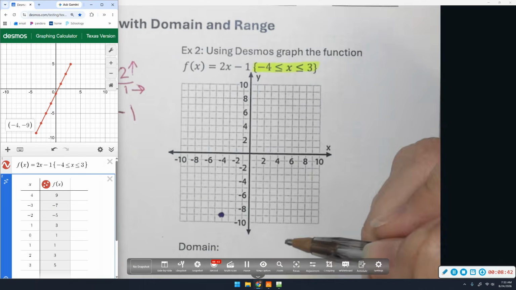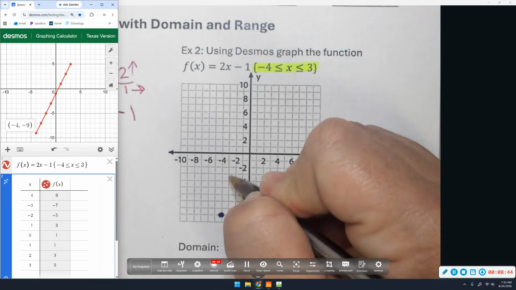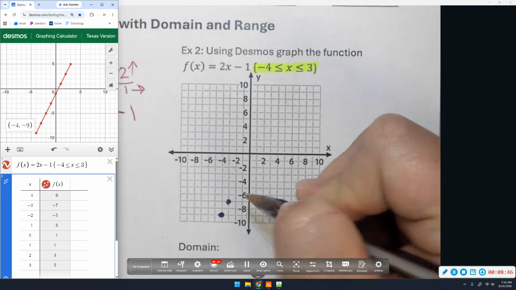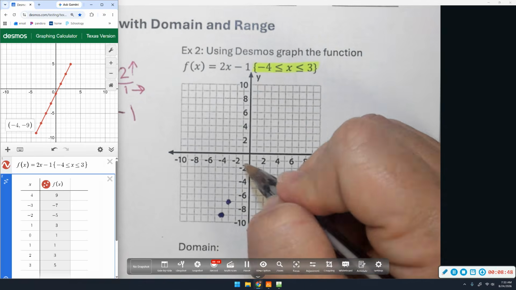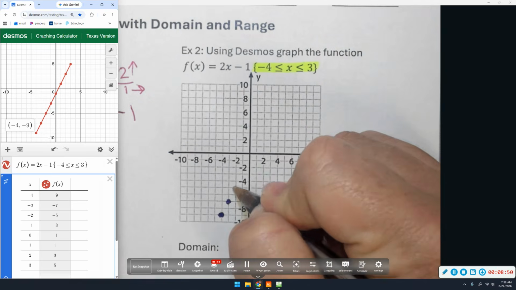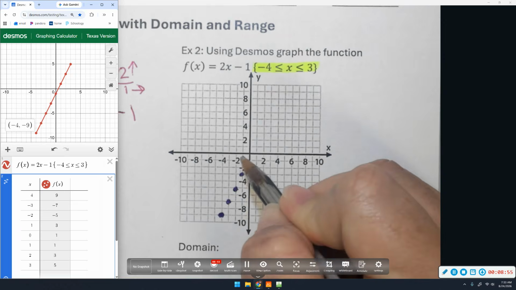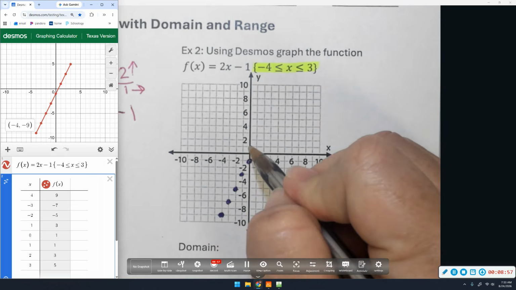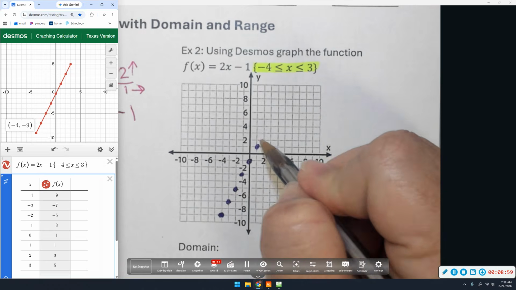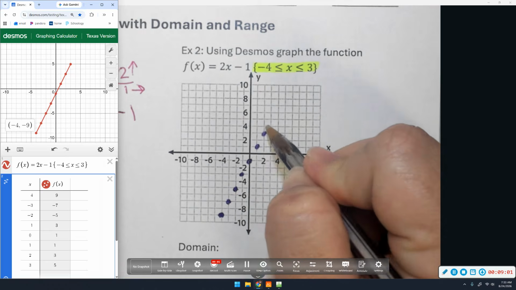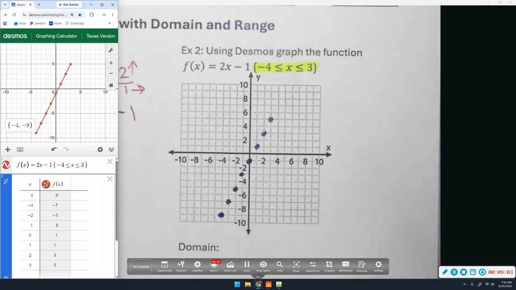And then we have the point -3, -7. -2, -5. It's going up 2 over 1, right? And it stops at 3.